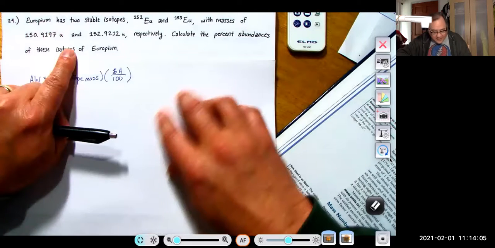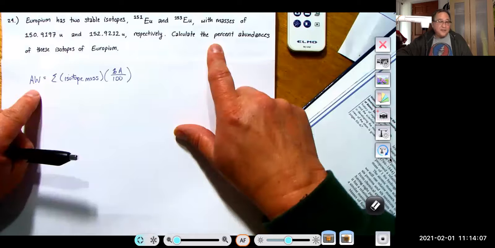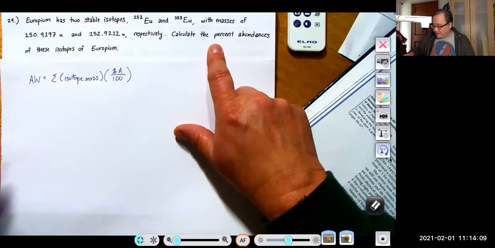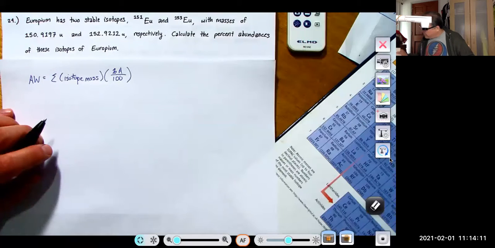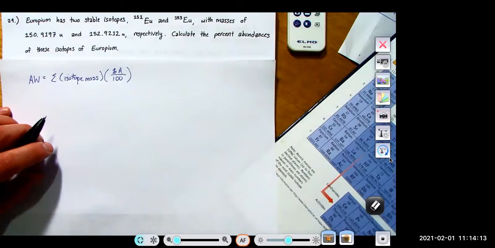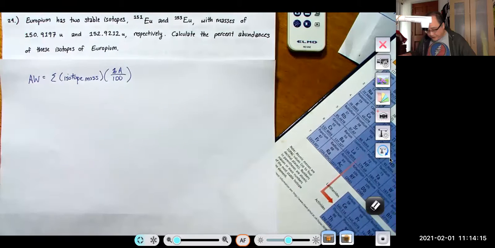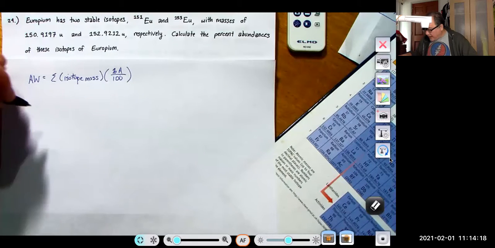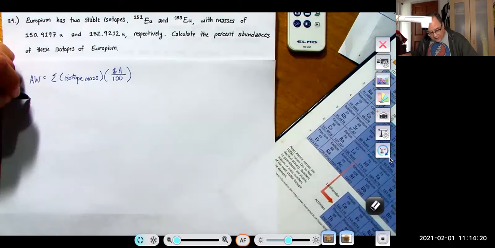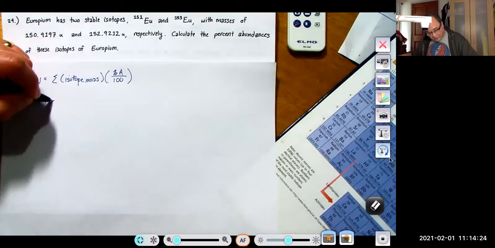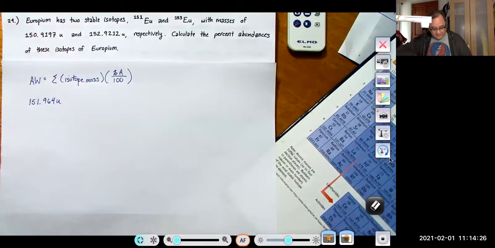They're not saying to calculate the atomic weight because they're assuming you can look it up. So in our book, europium, it's in that bottom two rows. It has an atomic weight of 151.964 U. That's the atomic weight.